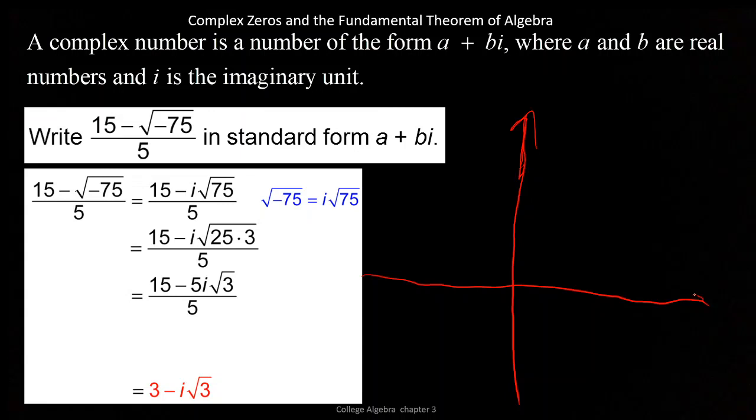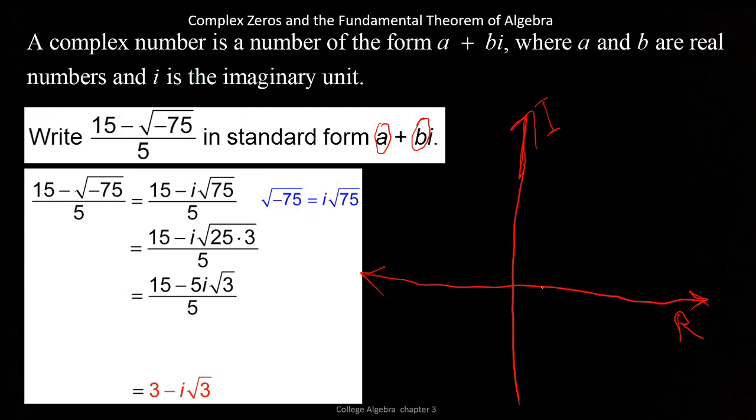So they created a two-dimensional complex plane where the horizontal axis is real and the vertical axis is an imaginary axis. So they said, let's consider numbers to have two parts, the real part and an imaginary part. The imaginary part is the coefficient of i.